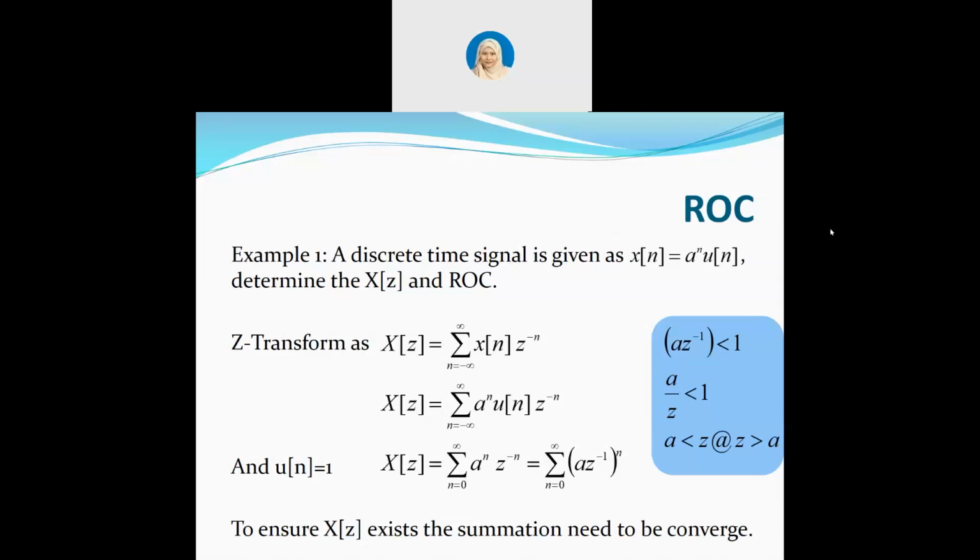Okay, class. Let's look at the first example for Z transform. As you know, the Z transform can be represented by X(z) equals the summation of x[n] z to the negative n.